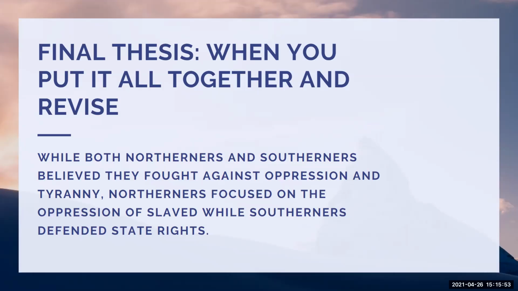And then of course you just continue editing. And finally when you put it all together and revise it, it could read something more along the lines of, while both Northerners and Southerners believed they fought against oppression and tyranny, Northerners focused on the oppression of slaves, while Southerners defended states' rights.